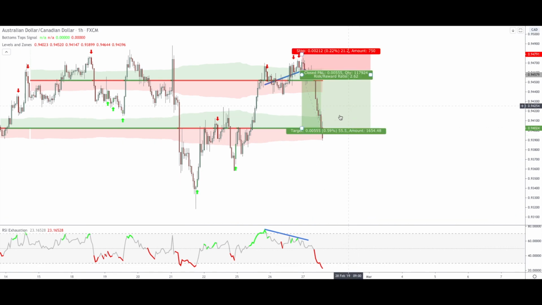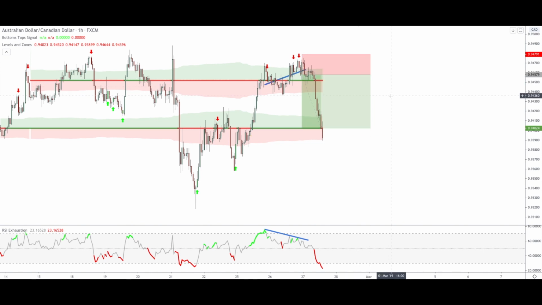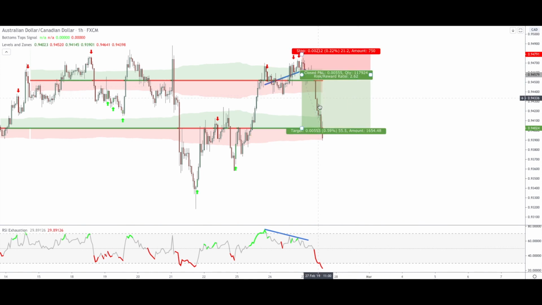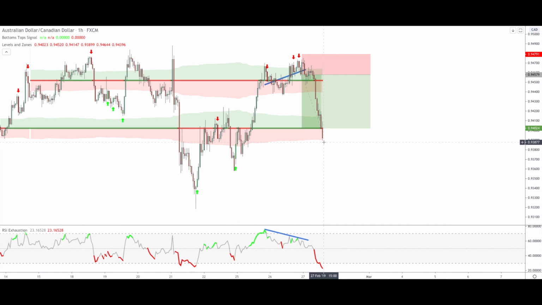Okay, so we got to our target, guys. We got to the target and our return was more than 2.5x, so 2.62x, which is good. Considering how fast it is moving, I'd say that the price might have some more downward movement.